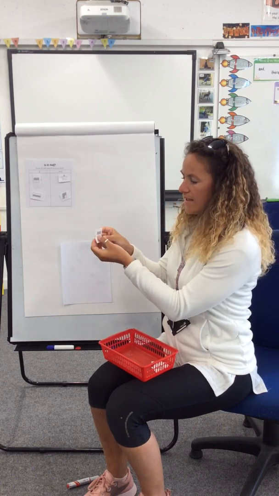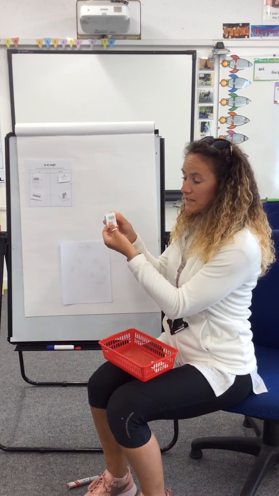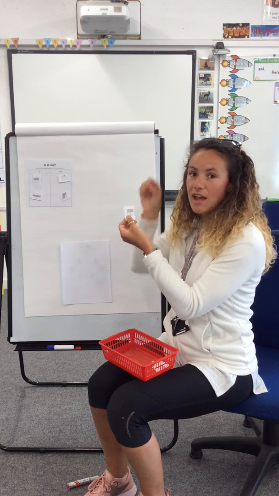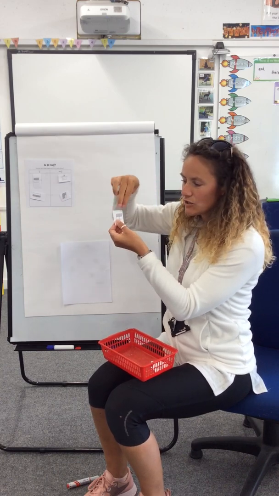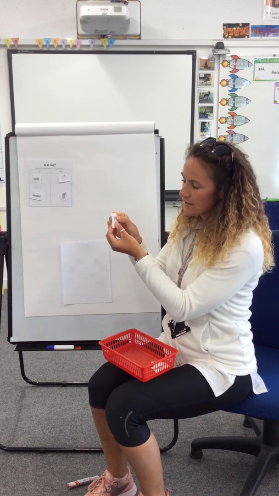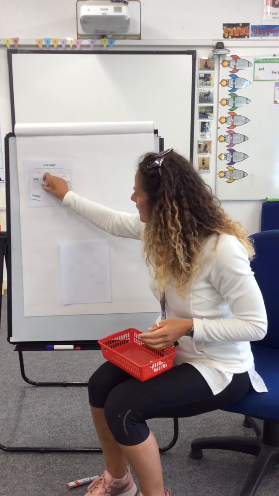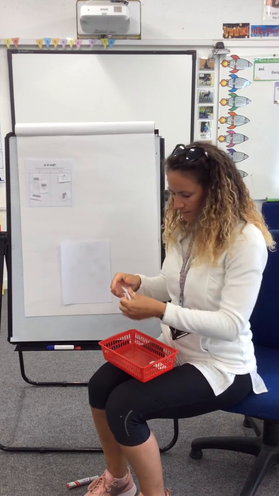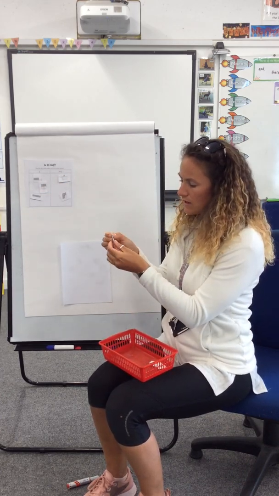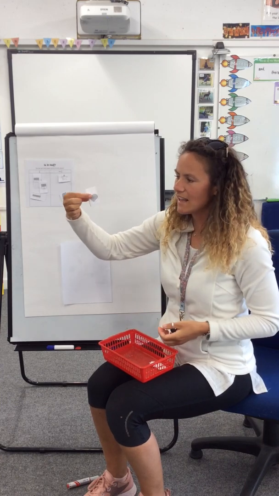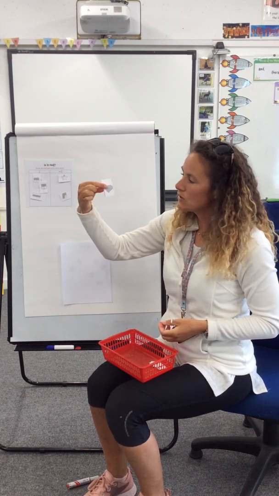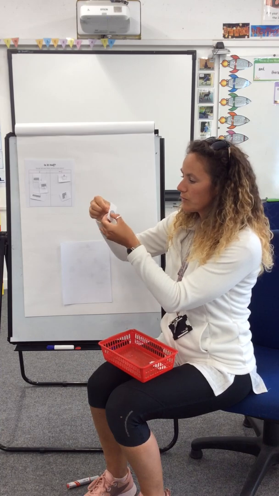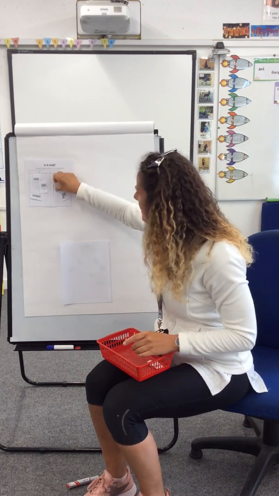I have a square. It has been chopped into quarters. There are 4 equal groups, but I am looking for halves, and 2 has been shaded into 4 equal groups, so that is half. I have a circle, but straight away I can see that this is not equal. This has not been split into 2 equal groups and 1 part shaded, so that is not equal.